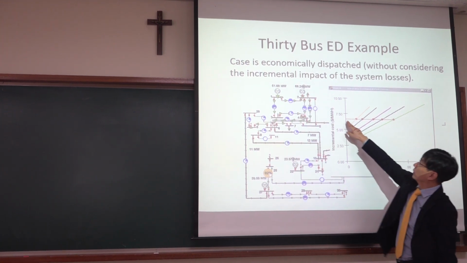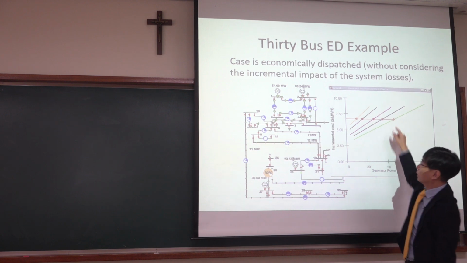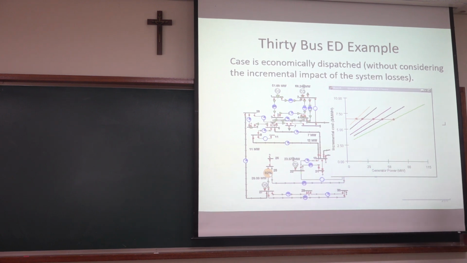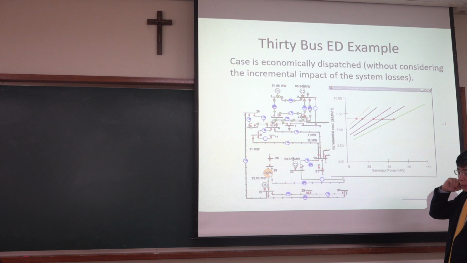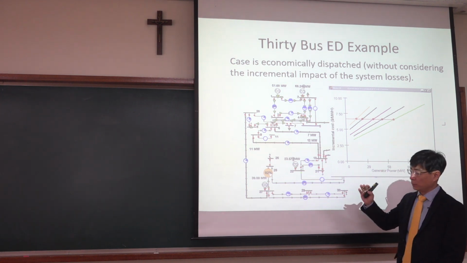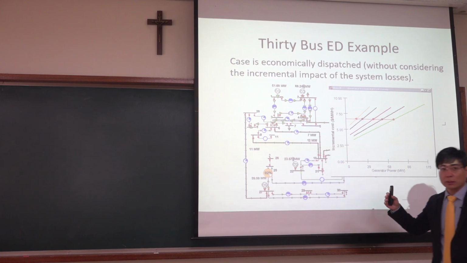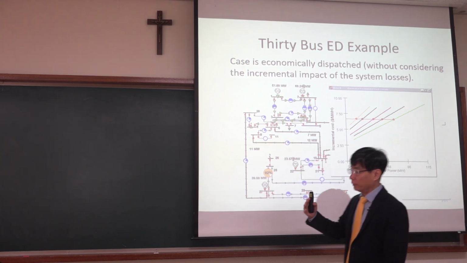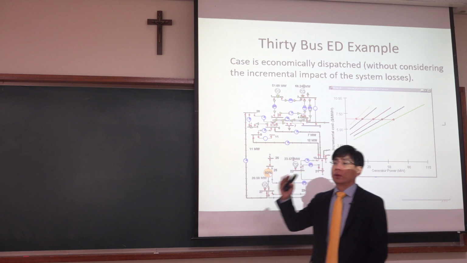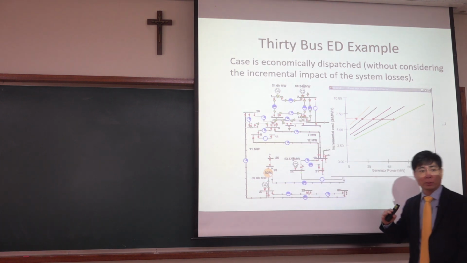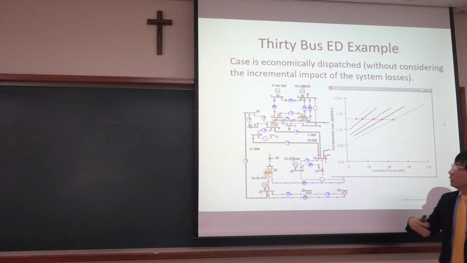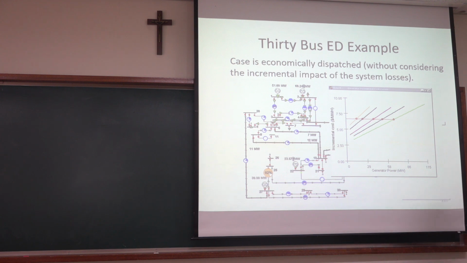For a given price, you see a different amount of generation. This is the simplest example because here we do not consider the maximum or minimum limit of each generator, but later we need to consider that. Each generator obviously has a maximum limit, but also a minimum limit. When it is turned on, at least it needs to generate like 100 or 200 megawatts.